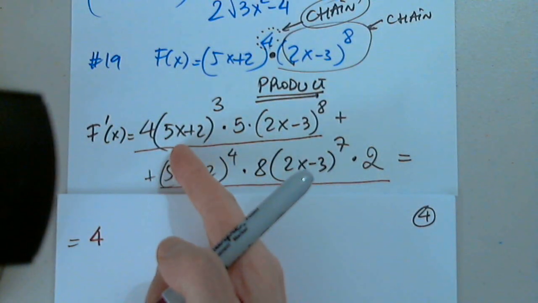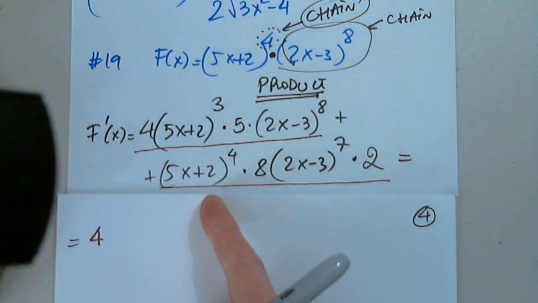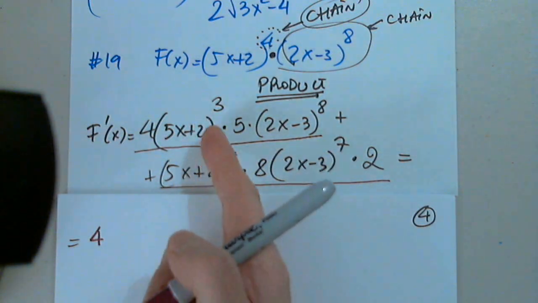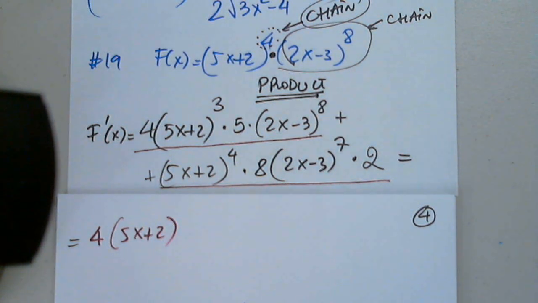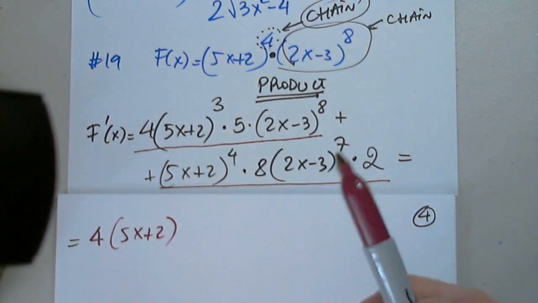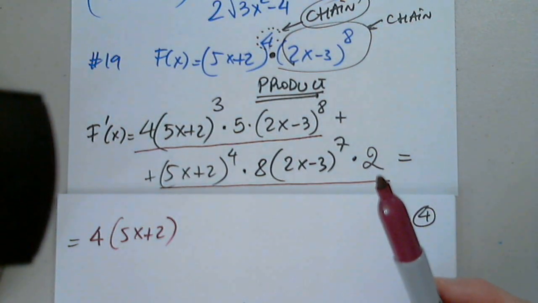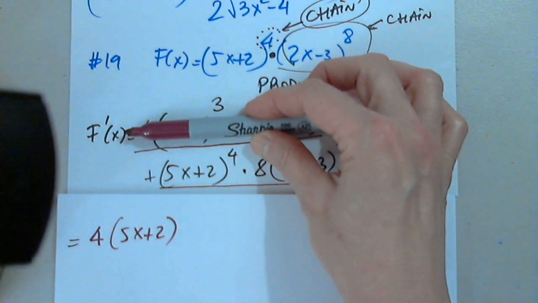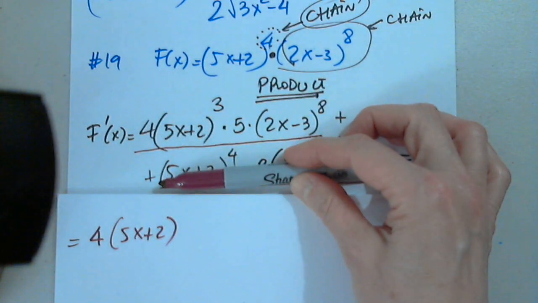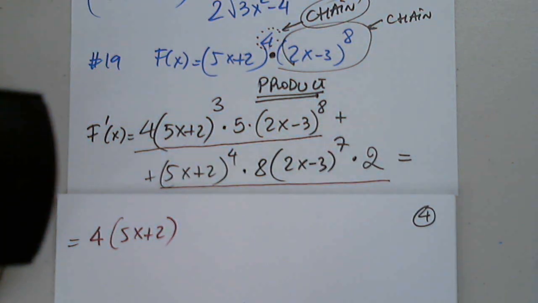Do you see 5x plus 2? Yes. How many are common in both? 7 total. In both, how many are common? So you have this in your pocket, and I have this in my pocket. What do we have in common? How many do we have in common?